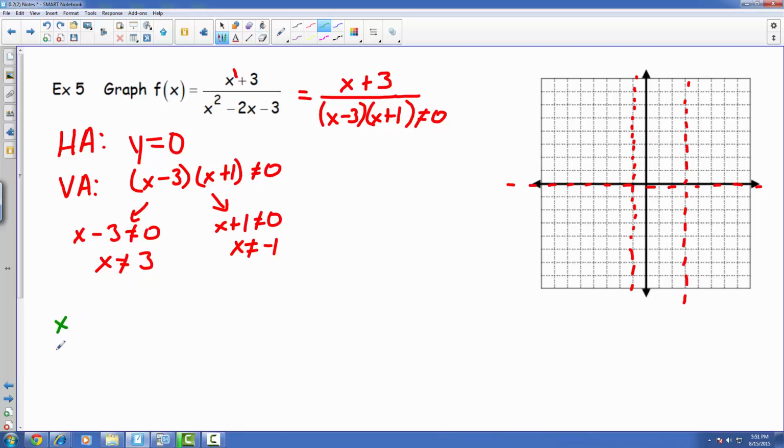So we have x and y. We're going to break up our x's and y's into some different segments. We'll take, for example, negative 2 and negative 4.